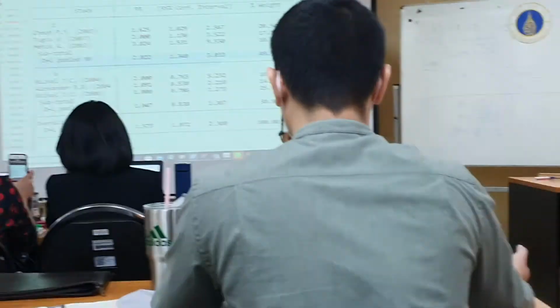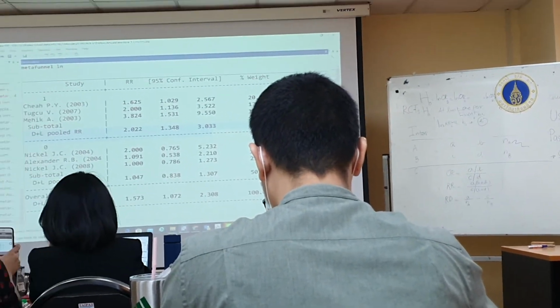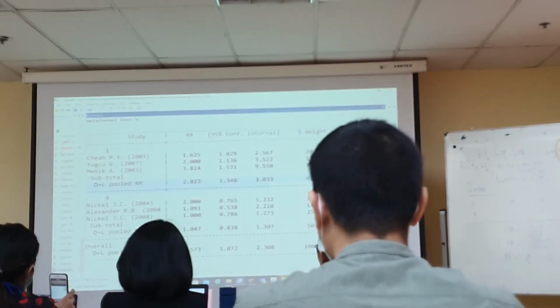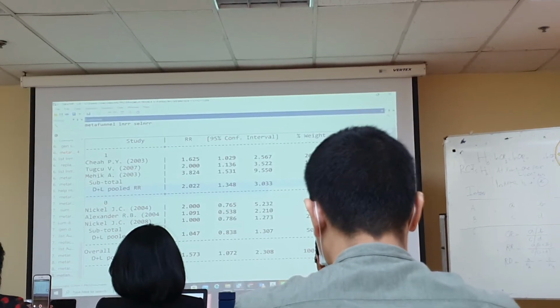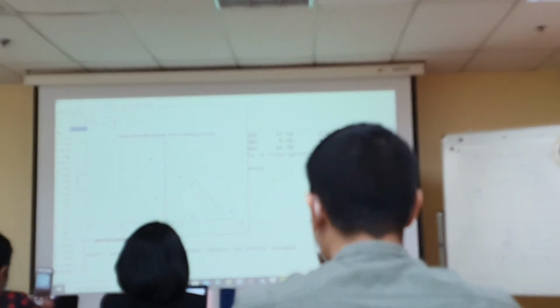I think we are funnel. Follow with log RR and SE log RR. And in order to respond to treatment, we might try to set another study to assess the effect size or the treatment effect of alpha blocker.